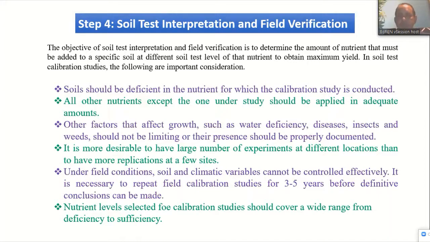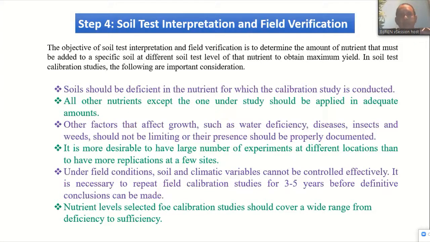That time we can say sulfur is deficient. If sulfur is 20 ppm, we can say this is sufficient. So that kind of interpretation is needed.